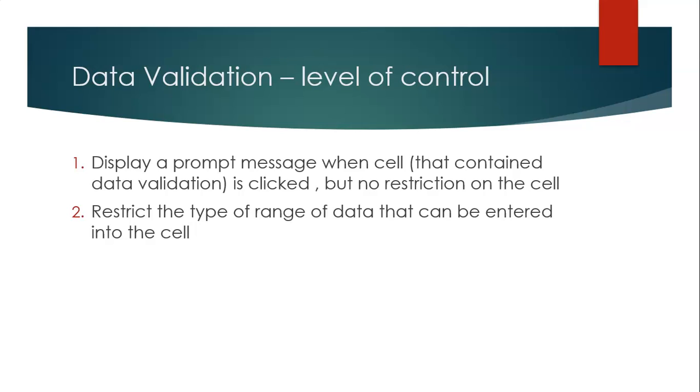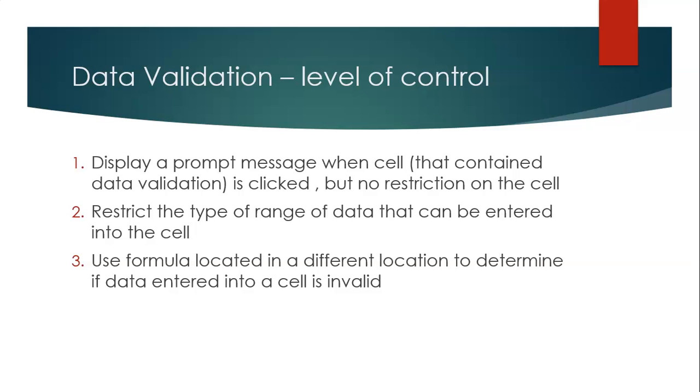This second level of control, I will show you later in a practical example. The third level of control is using a formula located in a different location to determine, if you enter data into the cell, that the data entered is invalid.